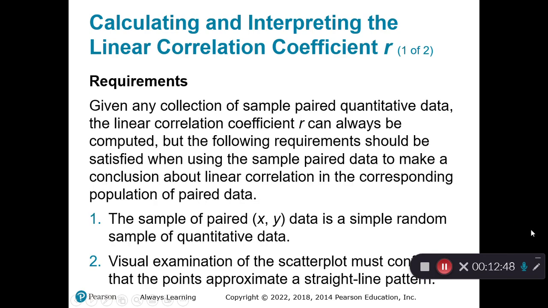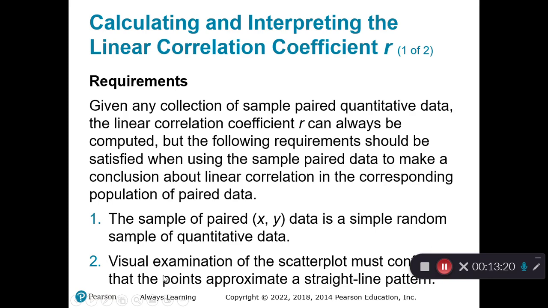Before calculating r, especially because it is tedious, it's important to make sure that certain requirements are met. First and foremost, we need to start with good data. So we want to make sure that our data is paired, that we have two numerical variables, and that the data is coming from a simple random sample. We talked about all the different ways that data could be biased or not representative if we use a less strict sampling method.